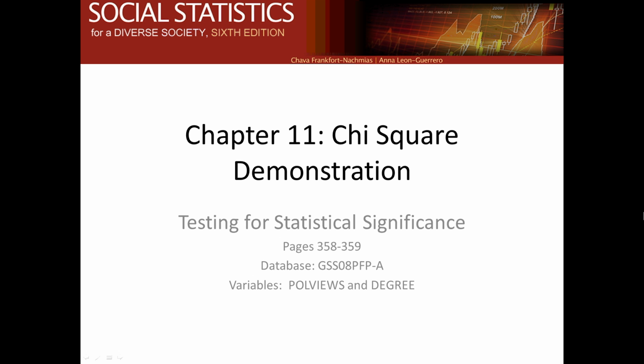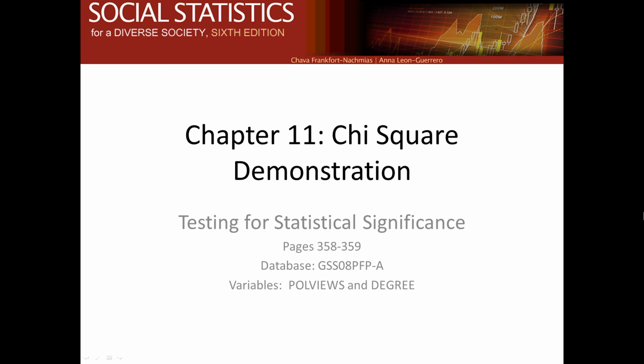In this demonstration we're going to get our test of statistical significance, our chi-square statistic, to determine whether or not there is a statistically significant difference in political views based on people's educational level.